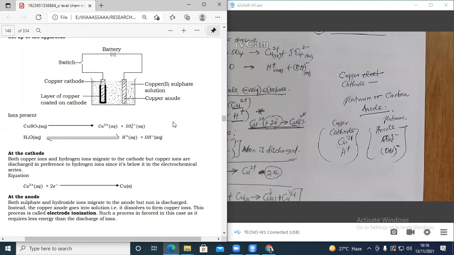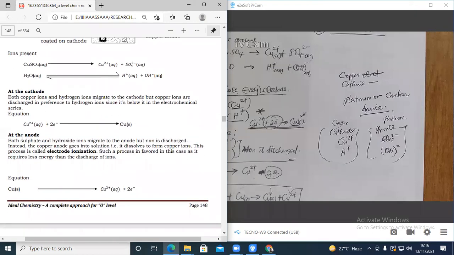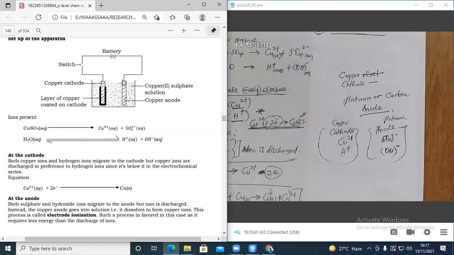Now mark this, that at the anode, these things were not taken into solution. The reason is the copper electrode disappeared in solution. It went through the solution and disappeared. So the copper anode was changed into ions and they all migrated to the cathode, leaving this electrode free. There was nothing here. Now, if you change this anode and put platinum, what do you think is going to happen?